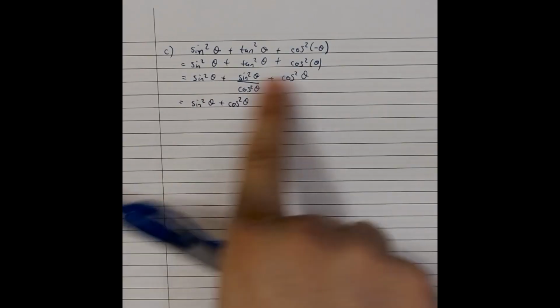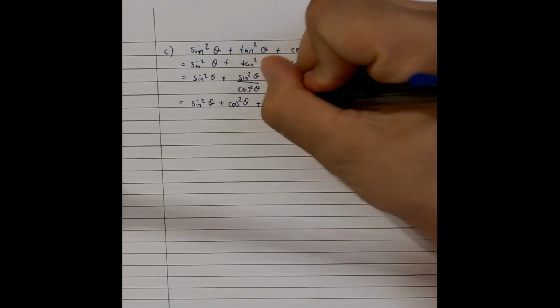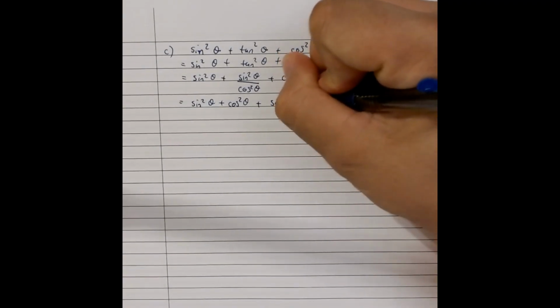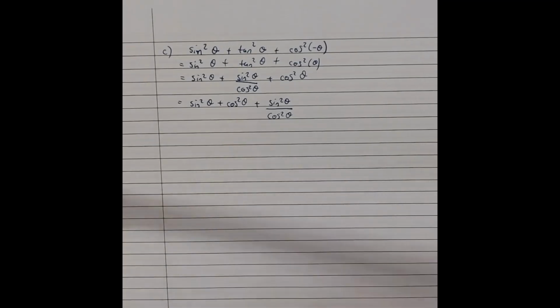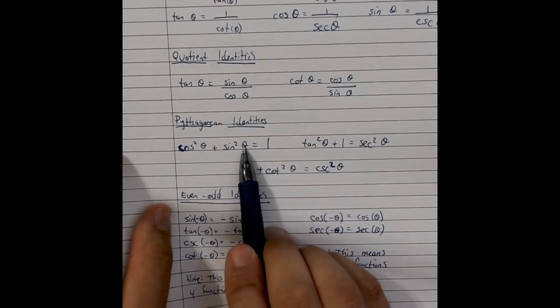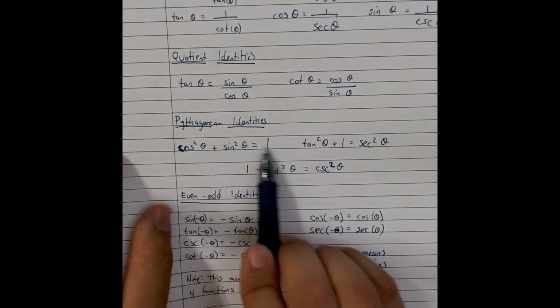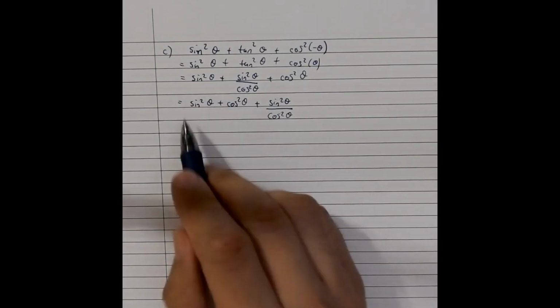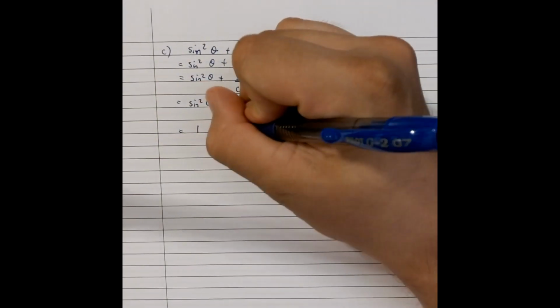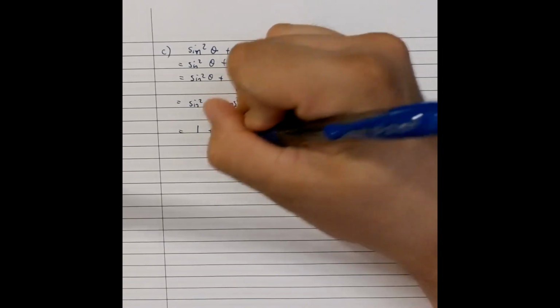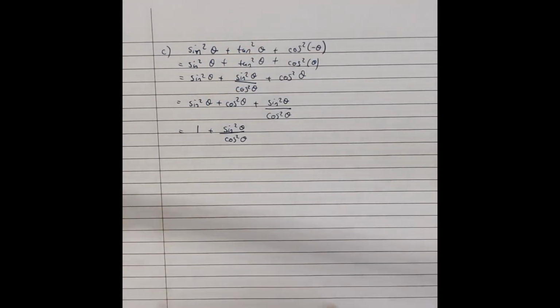This is all addition, so I can just reorder things however I like, plus sine squared of theta over cosine squared of theta. And now that's the Pythagorean identity: sine squared of theta plus cosine squared of theta equals 1. So that's just the number 1, plus sine squared of theta over cosine squared of theta.